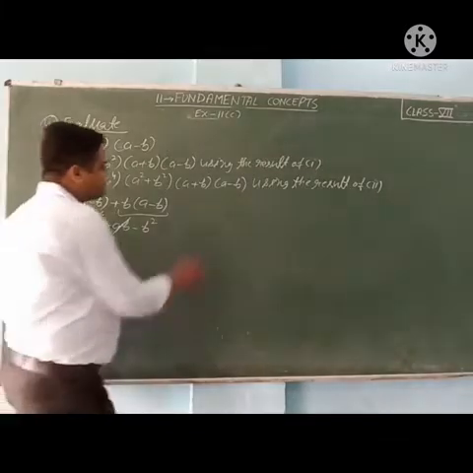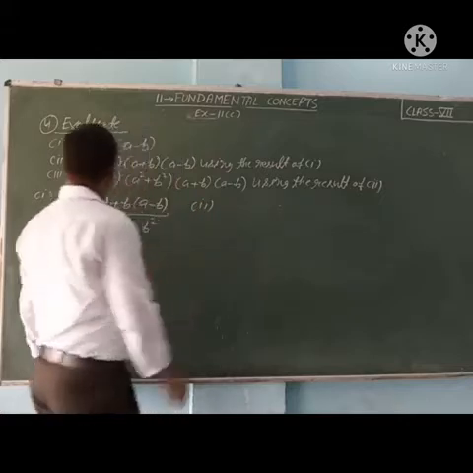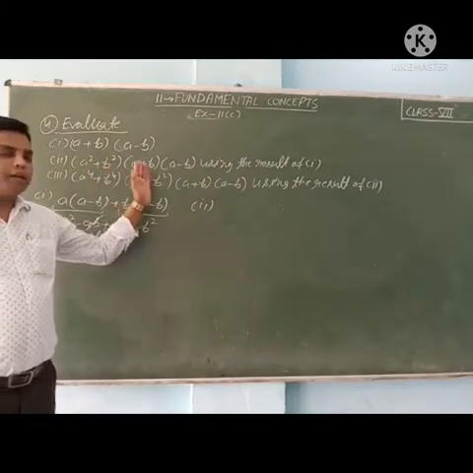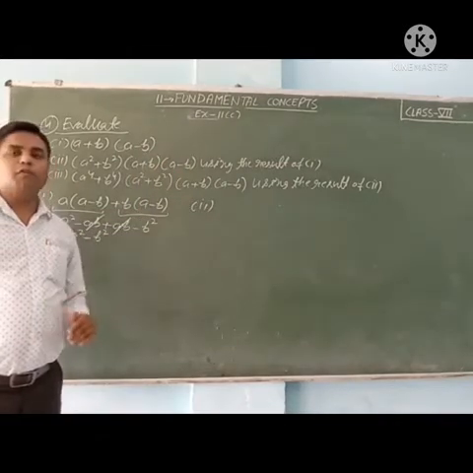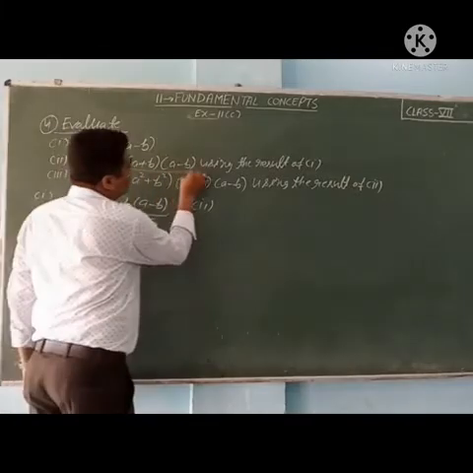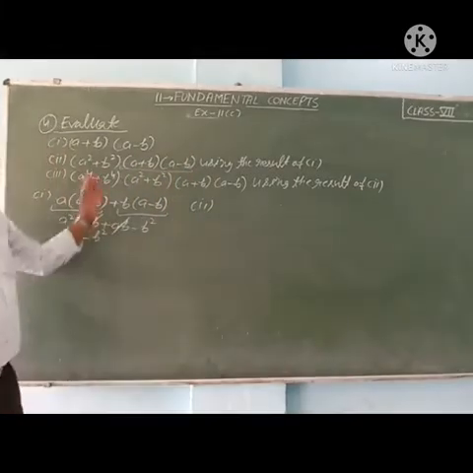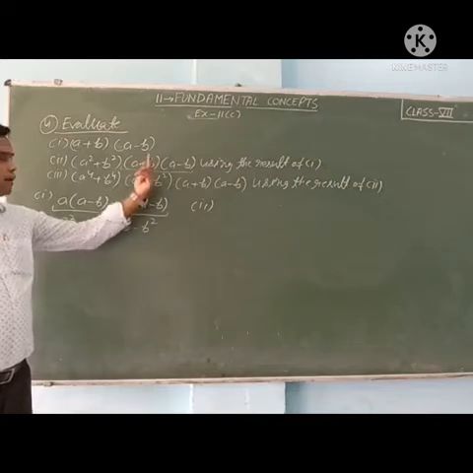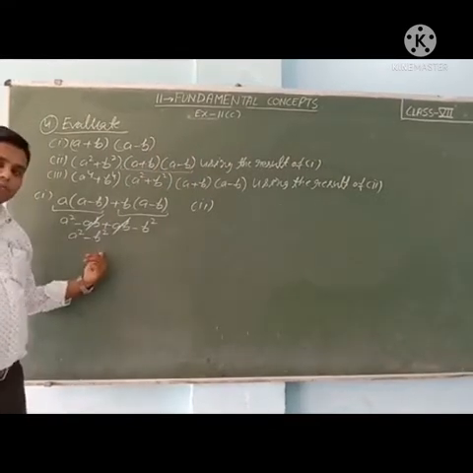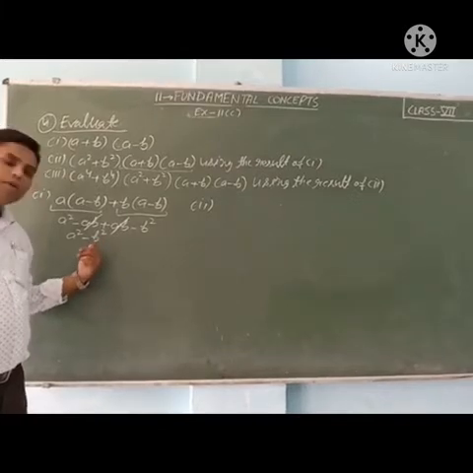So answer of first part is a square minus b square. Second part, a square plus b square inside the bracket, a plus b, a minus b, using the result of first. So first part was this. So we can put the value here in place of a plus b, a minus b: a square minus b square, because we already had solved here.